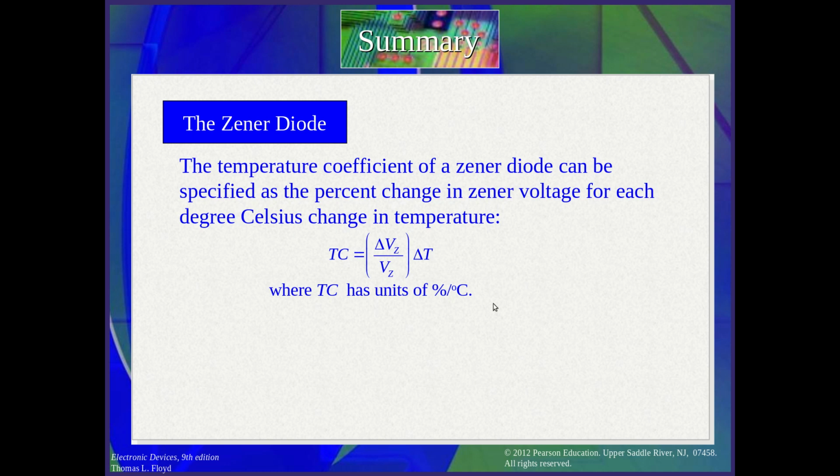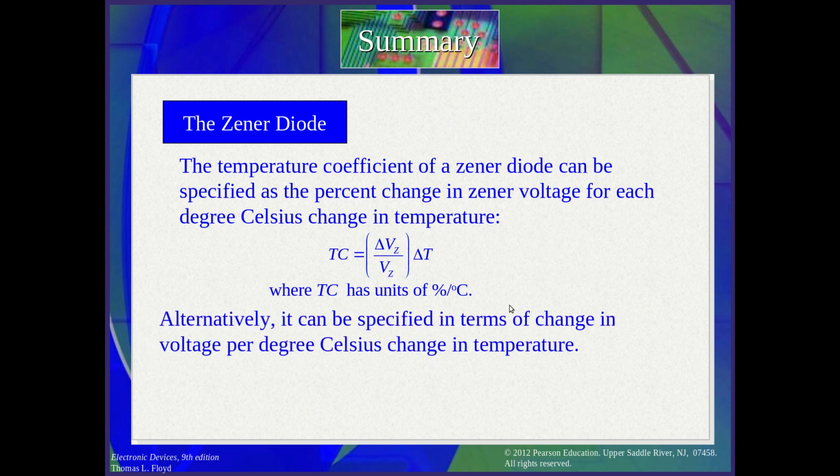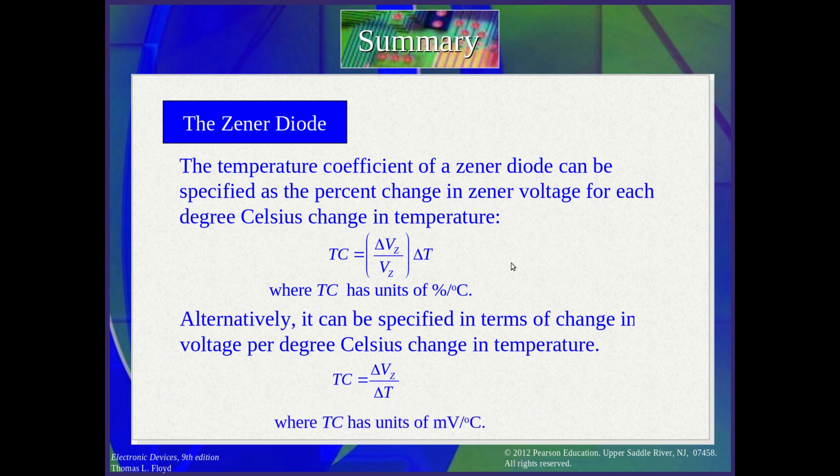Now the temperature coefficient: the Zener is affected by the temperature. So we also have a temperature coefficient, and we can calculate the change in the output voltage according to the change in the temperature.